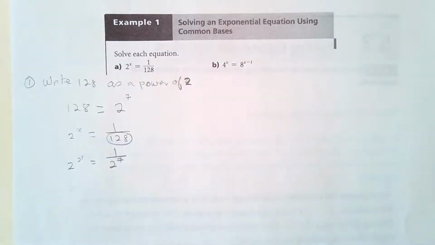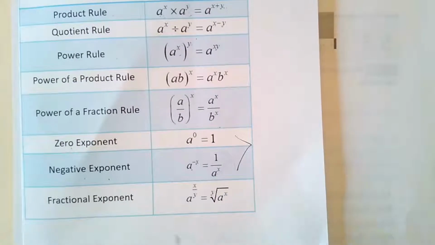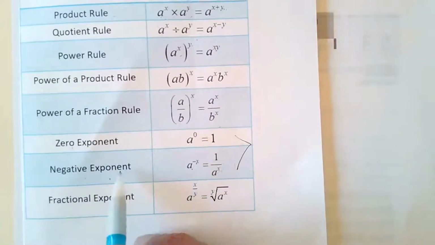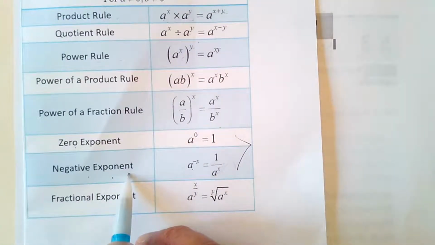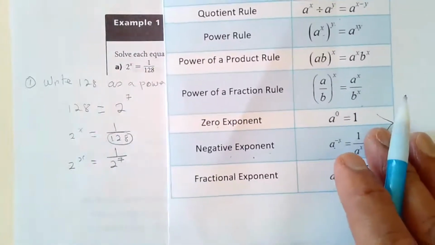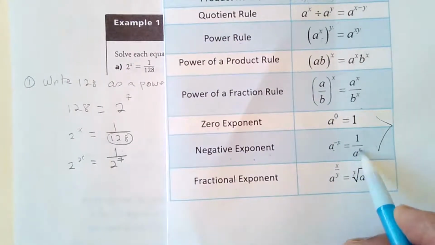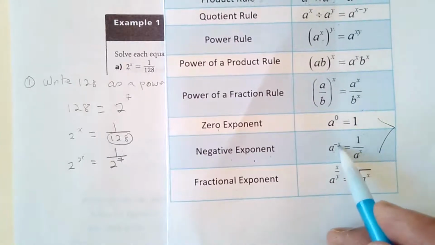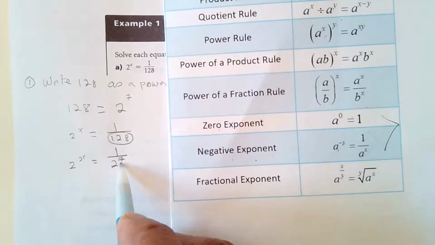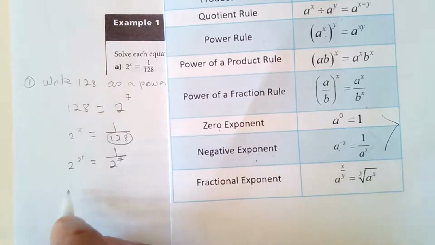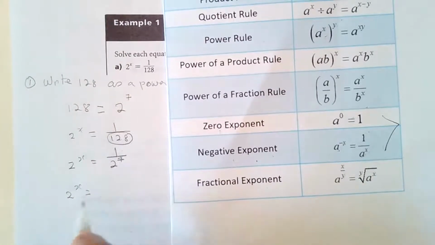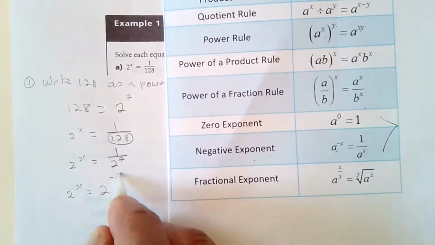Now we will use our negative exponent rule. In our negative exponent rule, we have 1 over a to the x is referred to as a to the negative x. So this is my x, so this is my a. It becomes 2 to the power x is equal to 2 to the negative 7.